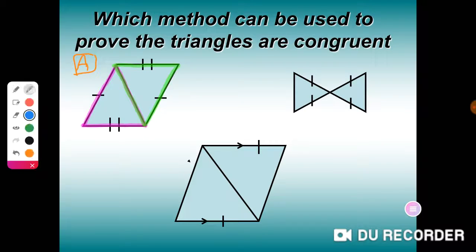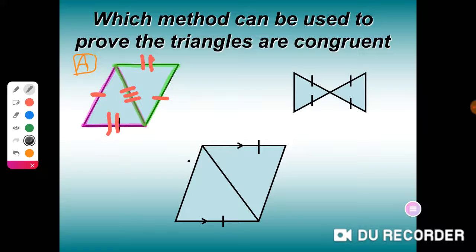Given that this side is congruent to that side, and that side from the green triangle is congruent to that side in the purple triangle, and this is a common side between the two triangles, the common side is congruent to itself according to the reflexive property.